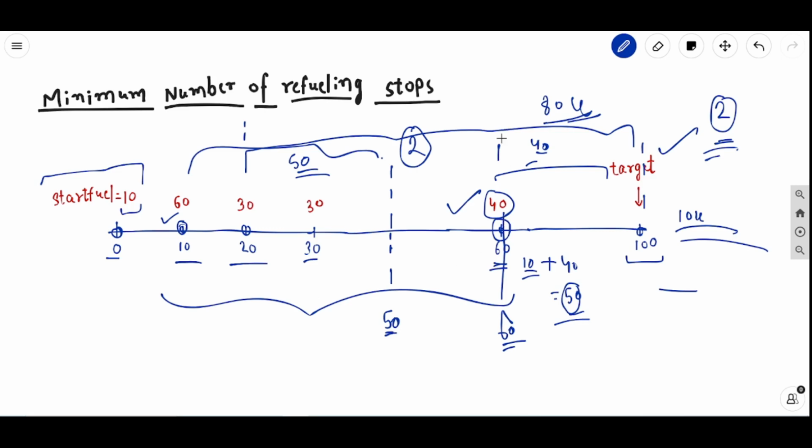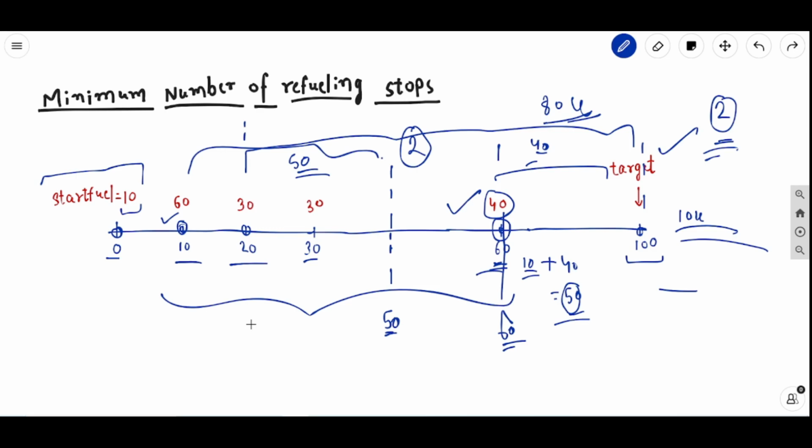To reach position number 60, I have to stop at one or more of the intermediate gas stations which are here. Then how would I choose those gas stations out of these 3? Obviously those gas stations which have greater amount of gas will be chosen.